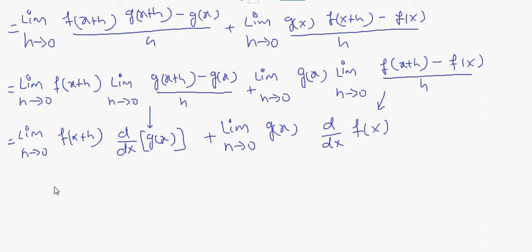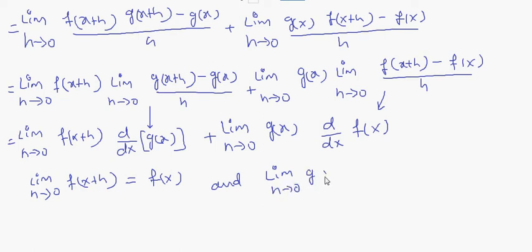So we also know that the limit as h approaches 0 of f of x plus h is equal to f of x, and the limit as h approaches 0 of g of x is equal to g of x, because there is no h term here.